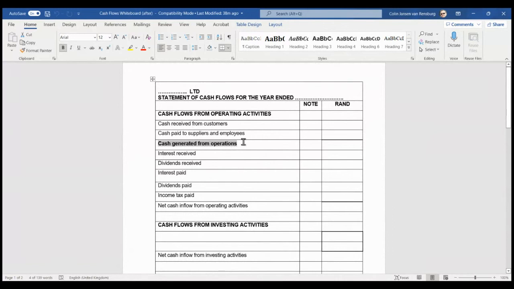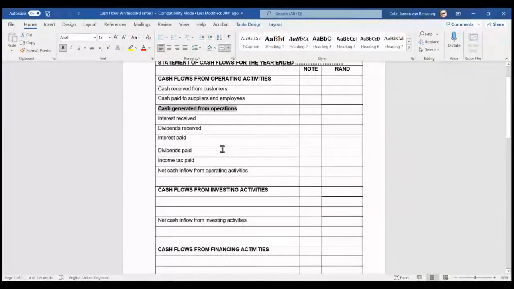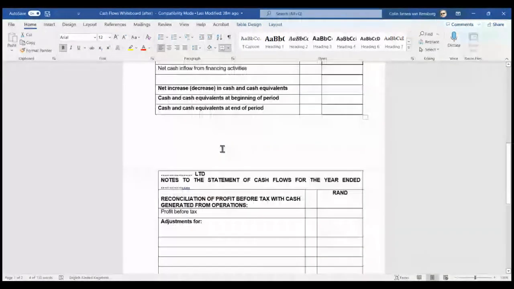We present it on the direct method, but then we also present a note to the statement of cash flows where we also show this section, this cash generated from operations, by using the indirect method, right? And that is the note that we are going to discuss later on today.